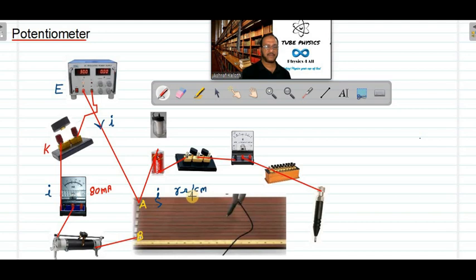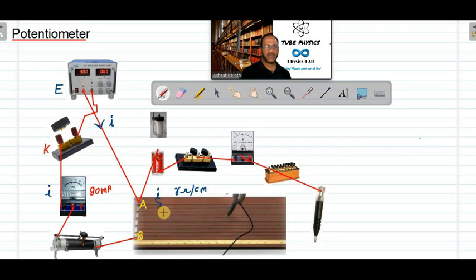If I take 1 centimeter length of this wire, how much potential drop, voltage difference, will be there in 1 centimeter? I is the current flowing, r is the resistance of 1 centimeter. Then the voltage drop in 1 centimeter is V equals I r.